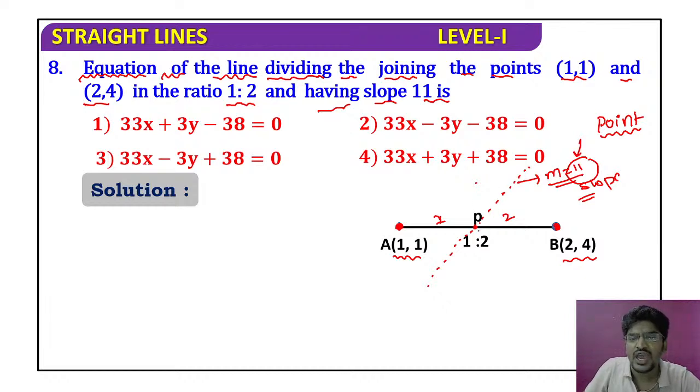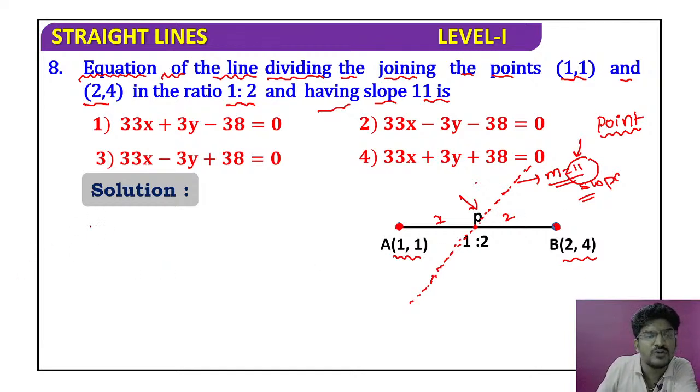Now if I identify any one point on this line, using that point I can solve the equation of this line. So for that I will identify this point P using the section formula.